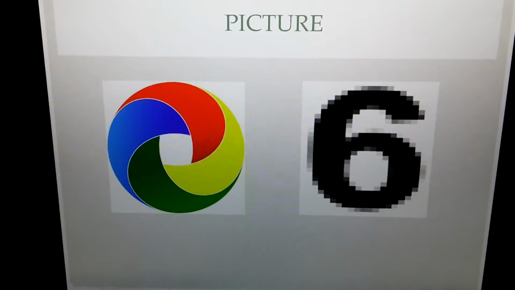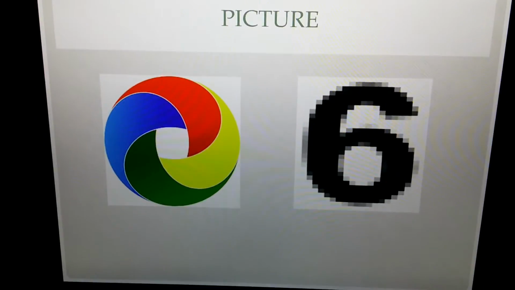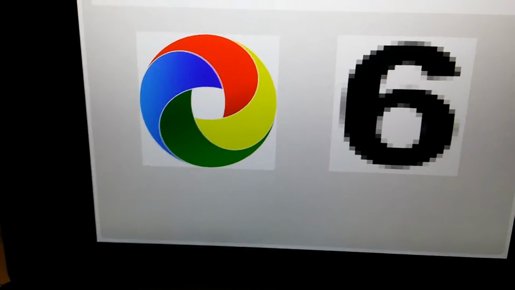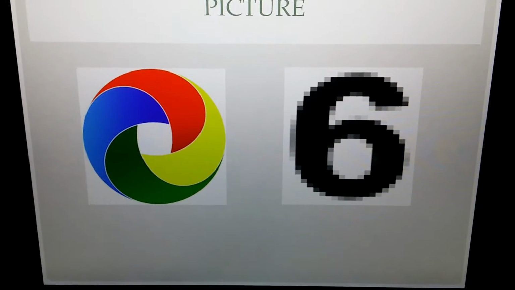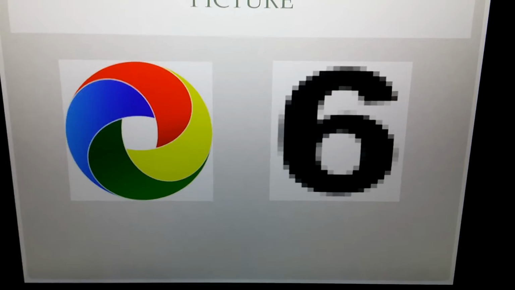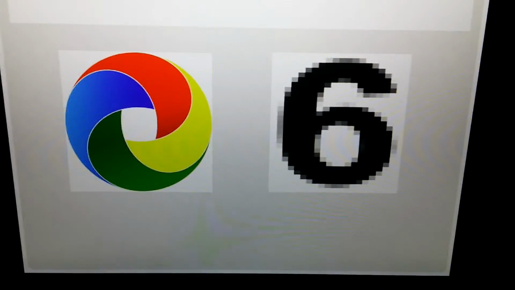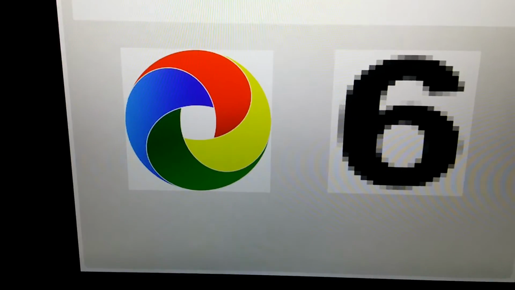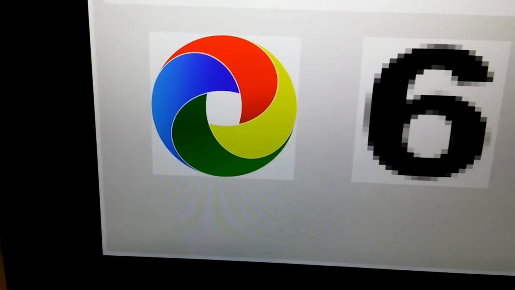Nowadays we will choose vector graphics instead of bitmaps, but the file size of bitmaps is much smaller than vector graphics.